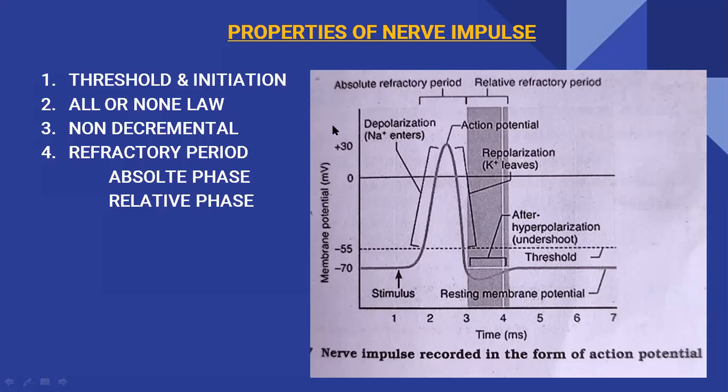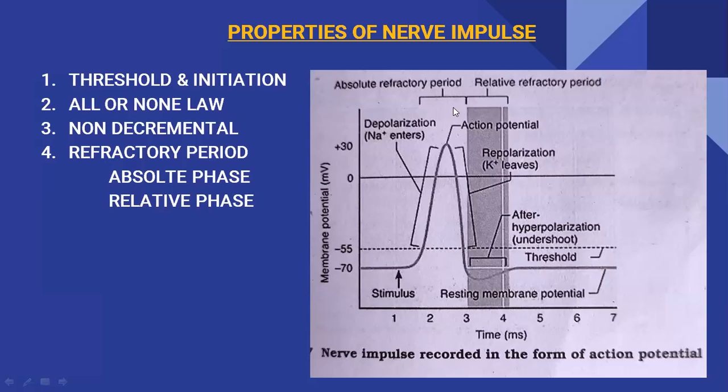Even though sodiums and potassiums are there inside the cytoplasm and outside the cells in the extracellular fluid, the movement of these ions in other tissues cannot be seen. The movement of sodiums entering the cell during the depolarization phase, potassiums going out of the neuron in the repolarization stage, and sodiums again going out of the neuron, potassiums coming inside during the refractory phase, all these ionic movements can be seen only in neurons.